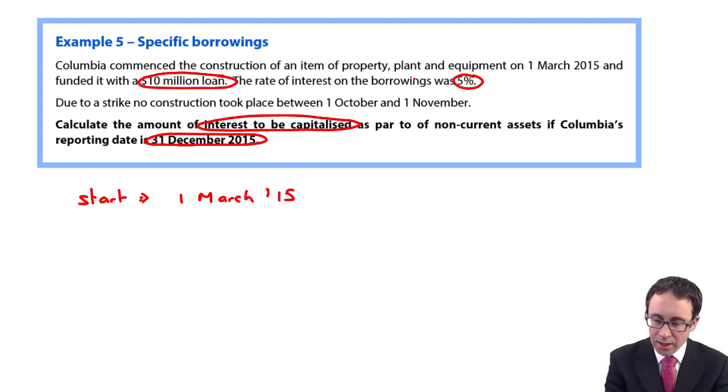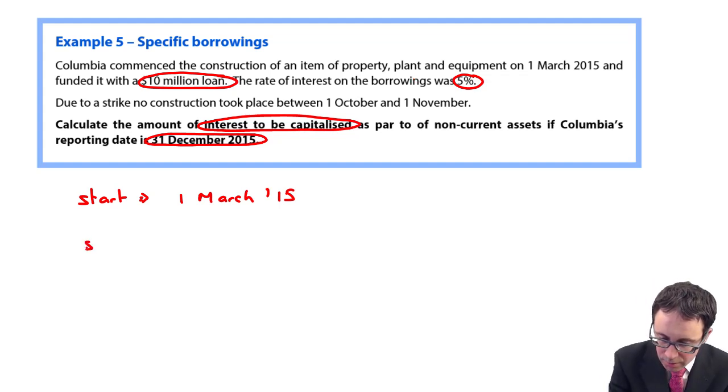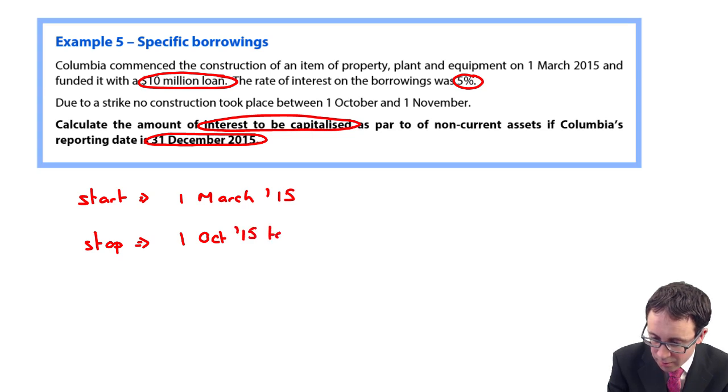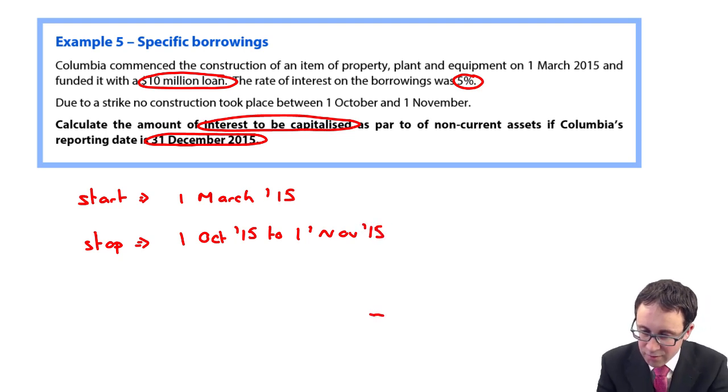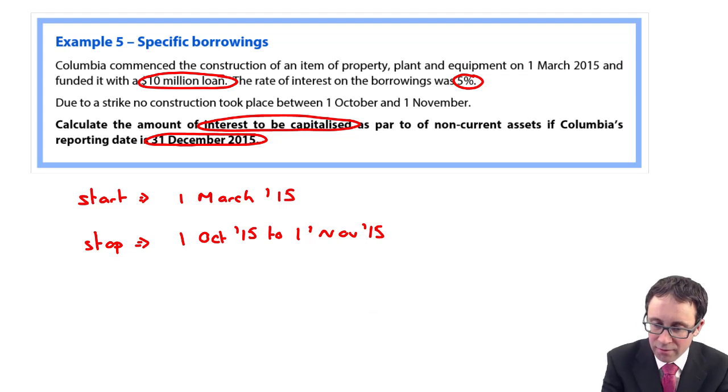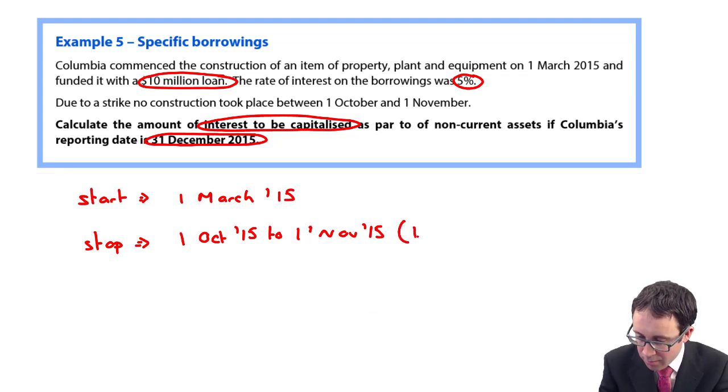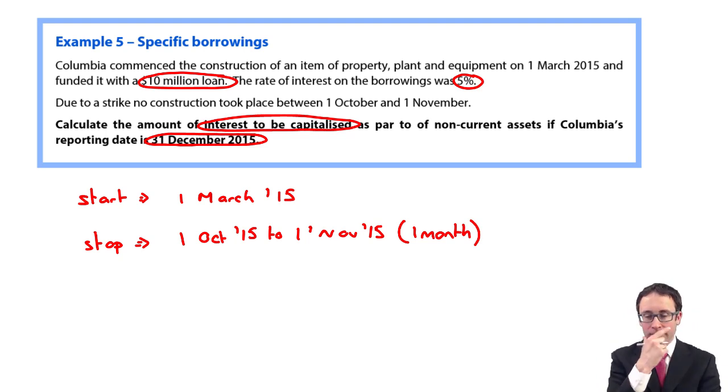Okay. So what we're going to do is we're going to stop it, aren't we? From the 1st of October 2015 to the 1st of November 2015, which I believe is 1 month.